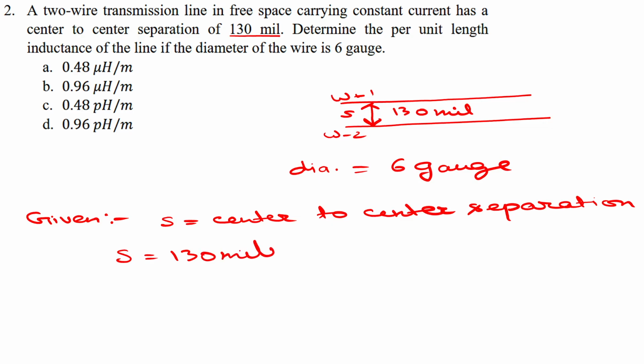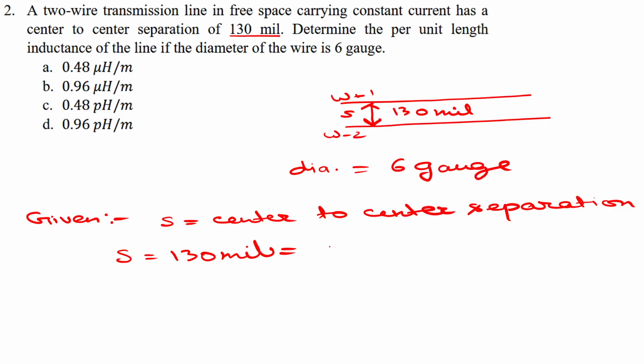I would suggest you remember the conversion from mil to centimeter or meter, because most of the questions will be given in mils and gauge. It's better you remember the conversions, because I don't think it will be given in the problem how to convert it.